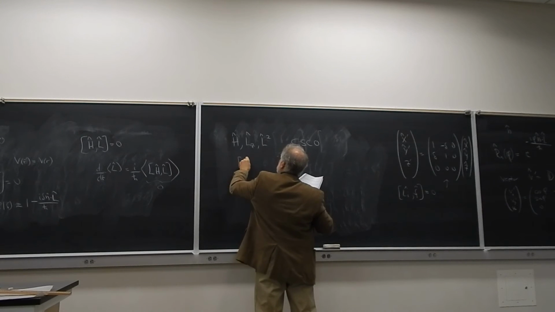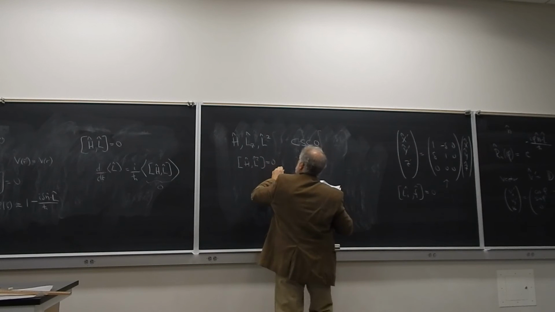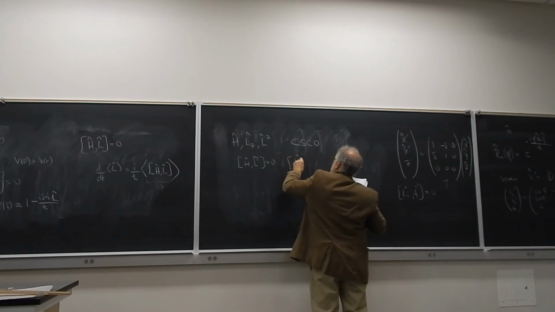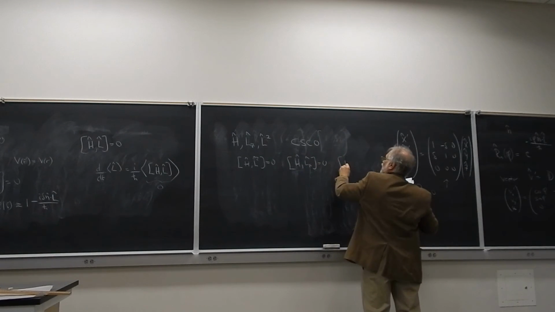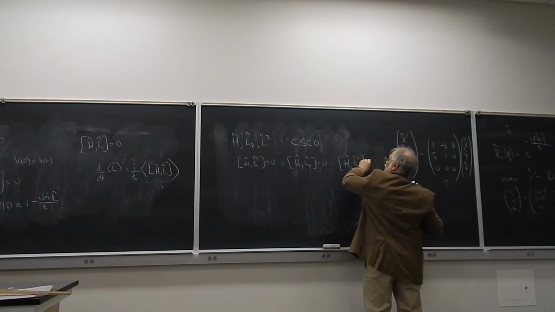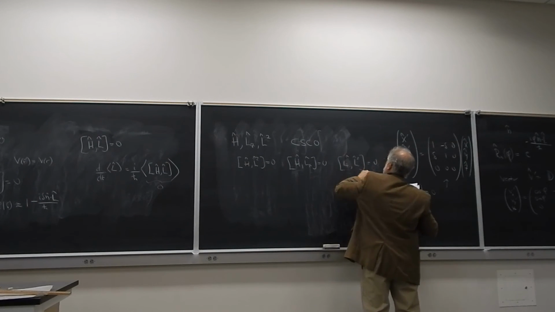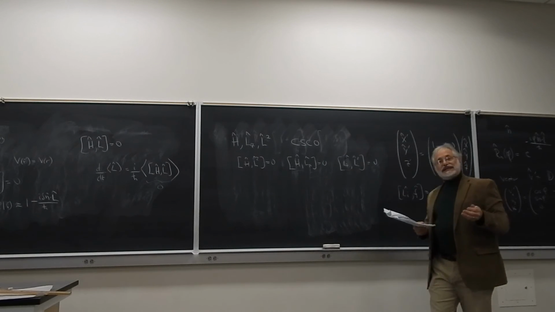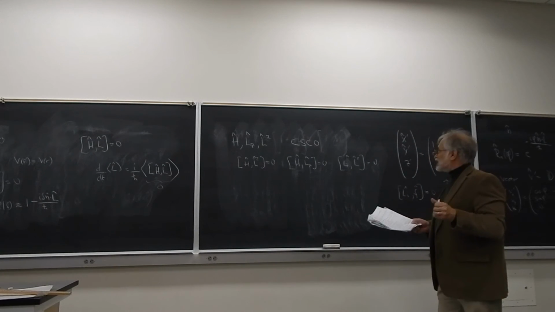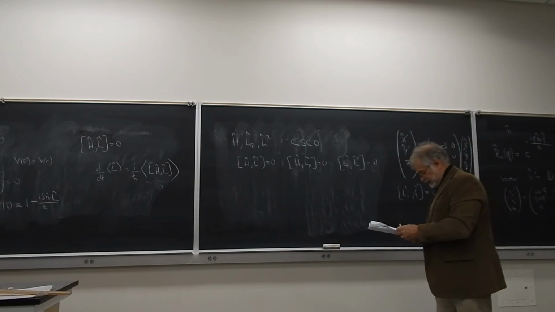So pairwise, we can say the commutator of H and L squared is 0, H and L_z commute, and of course L_z and L squared also commute. So eigenstates of the Hamiltonian can also be chosen to be simultaneous eigenstates of L squared and L_z.